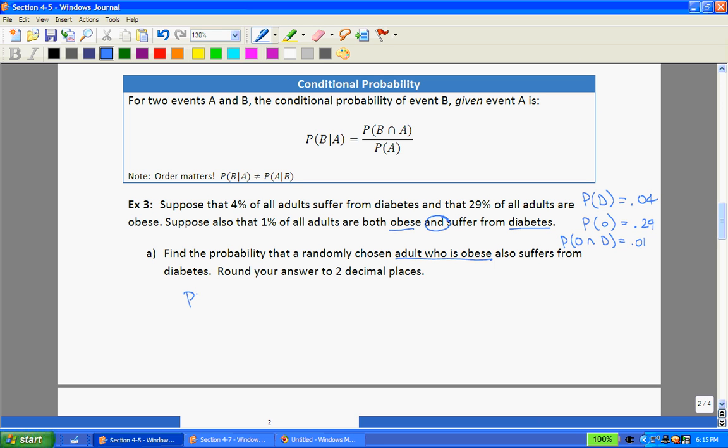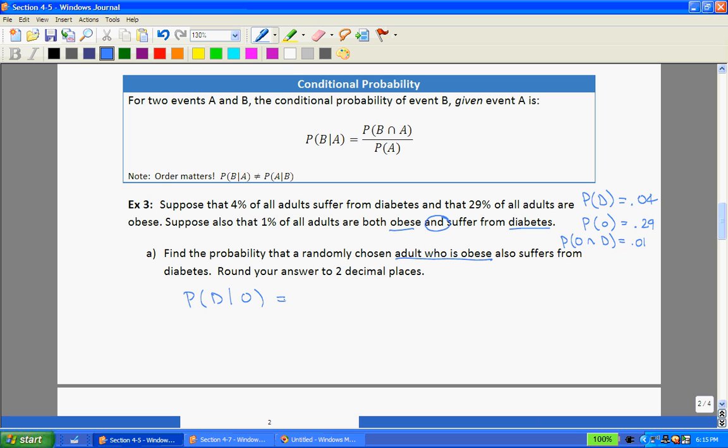So when I go to set up my probability notation, it's given O. That's the part I know first, that they're obese. What I'm interested in is the probability that that adult also suffers from diabetes. So the order matters. This says the probability that an adult has diabetes given that I already know that they're obese.